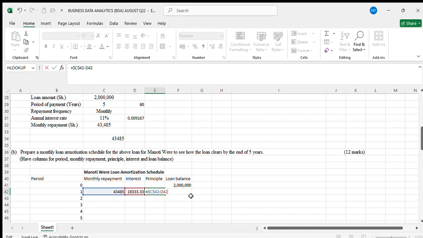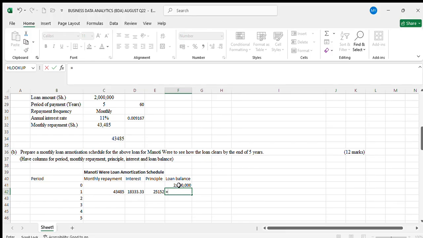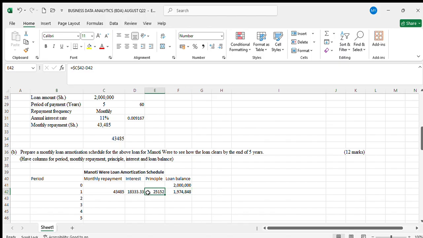Yes, and then the loan balance now is what reduces the loan, remember, is the principal, not the interest. The interest is charged on top of the loan, so the principal is the one that's going to reduce the loan.